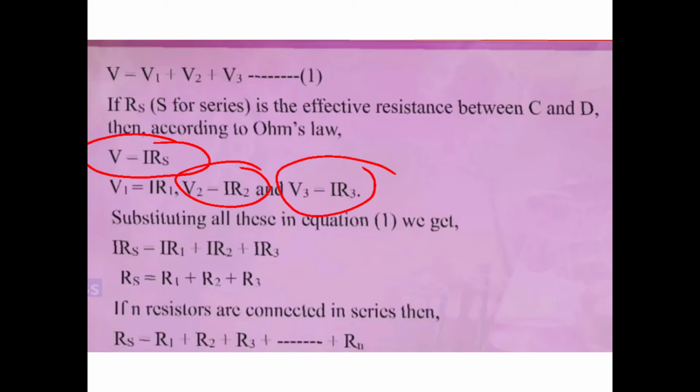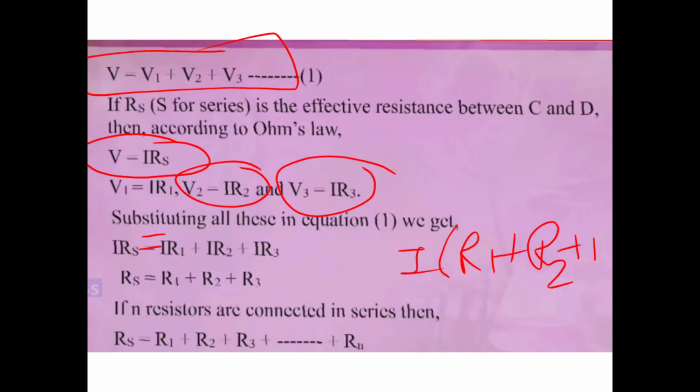So now let us substitute what we have. V is equal to V1 plus V2 plus V3. So IRS is equal to IR1 plus IR2 plus IR3. So let me take the I common from the right hand side, so it will be I into R1 plus R2 plus R3, right?